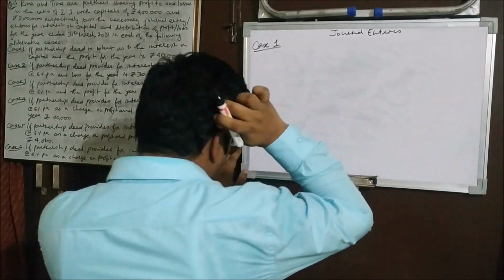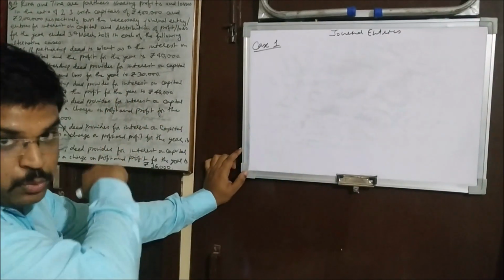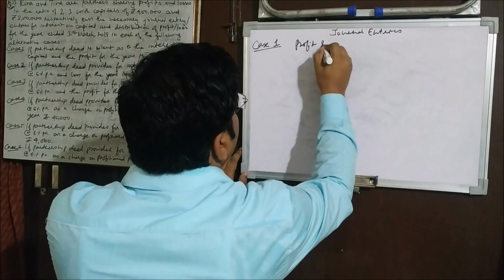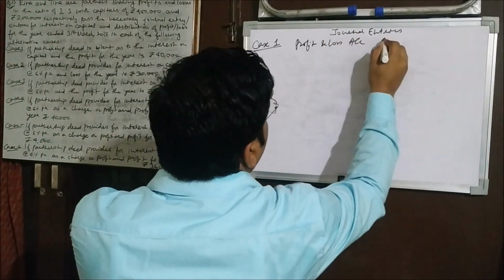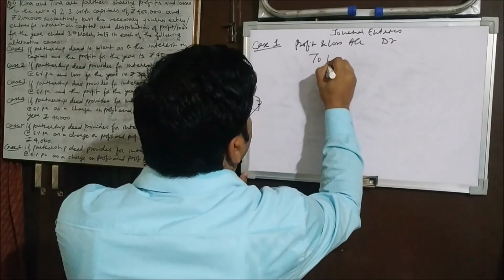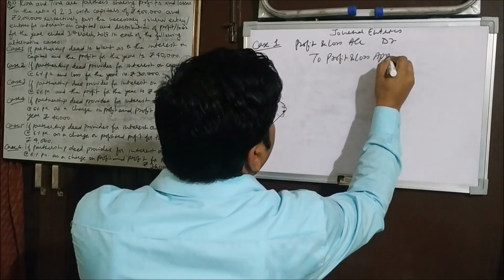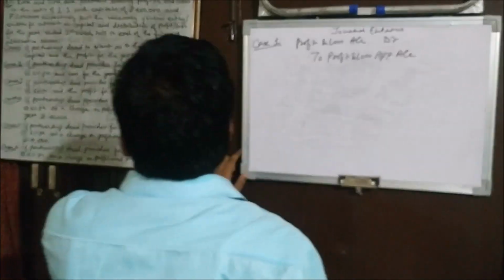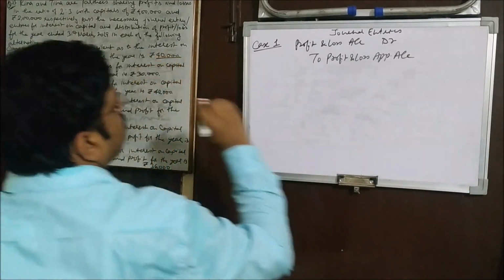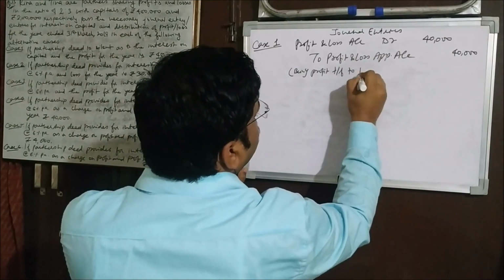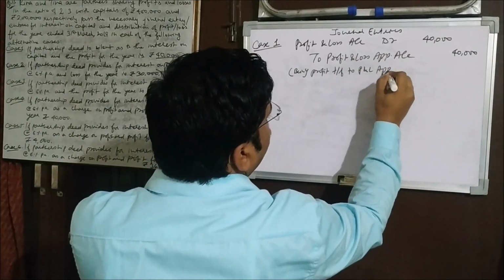Okay, so very first we will transfer that profit to profit and loss appropriation account. So the entry will be profit and loss account debit to profit and loss appropriation account. And what is the amount of profit? 40,000, being profit transferred to profit and loss appropriation.